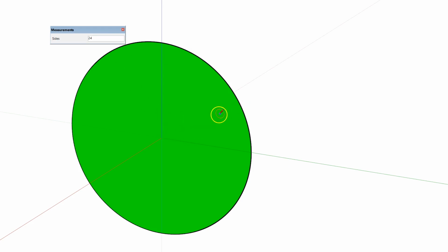Okay, let's get a ball drawn up here. So there's my circumference, and there's the ball. Let's see what we get. It's running it now.